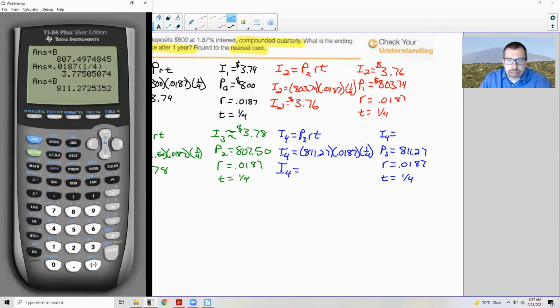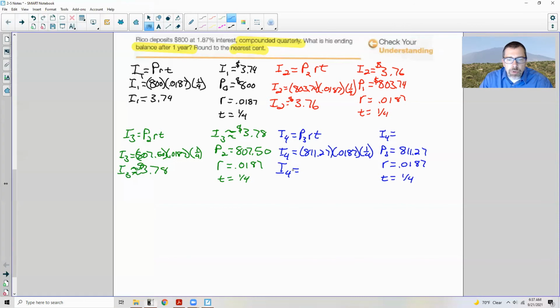And that is giving me $3.79 with a 0.26 after. We will round to 3.79. Okay, so this interest is 3.79.